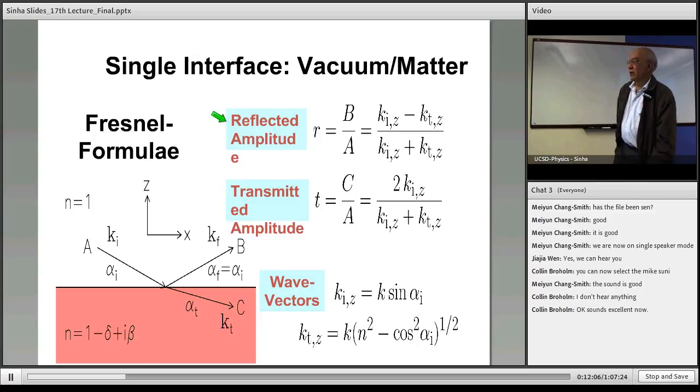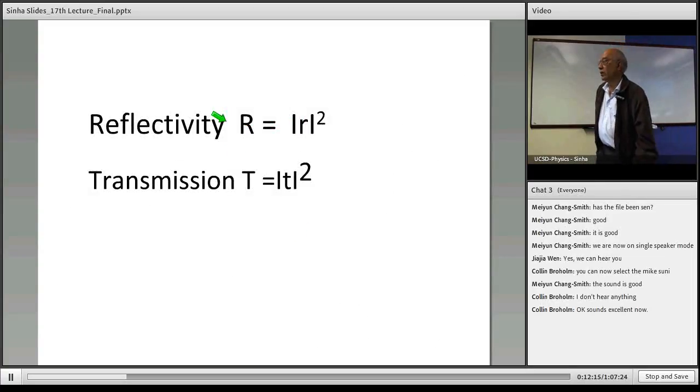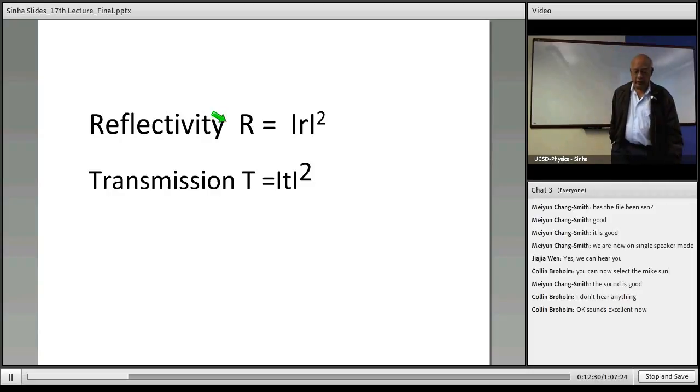Now, alpha I is in general small, and so one can use small angle approximations. Let's just go to the next thing. And the reflectivity, by the way, is the reflectance coefficient modulus squared. And similarly, the transmission is the modulus of t squared.